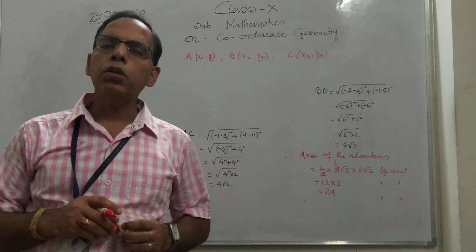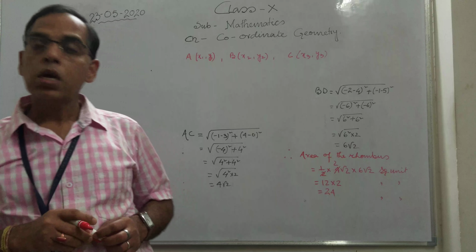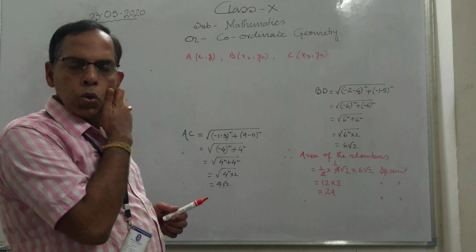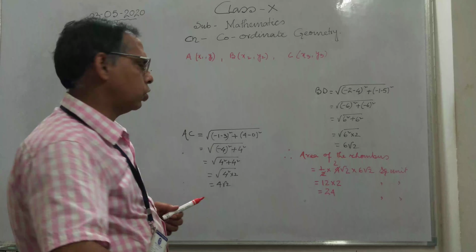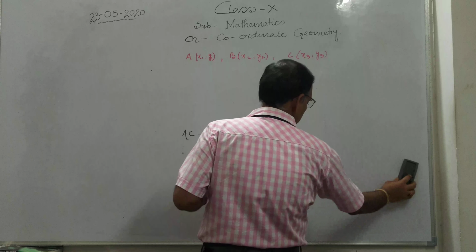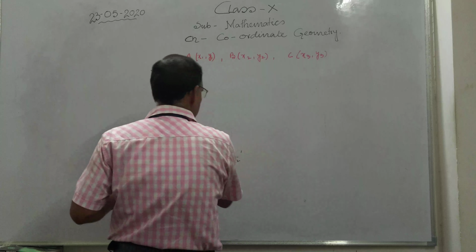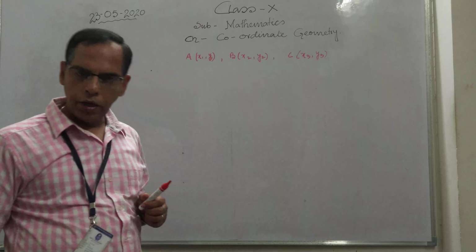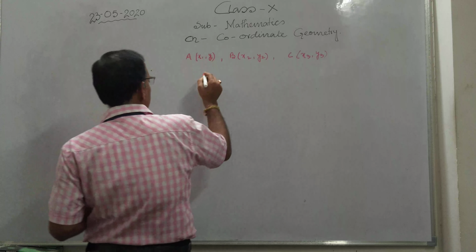The area of a triangle formula is half into base into altitude. But here we'll use a cross multiplication method formula, just like the cross multiplication in linear equations in two variables. The same way we will write it here also.